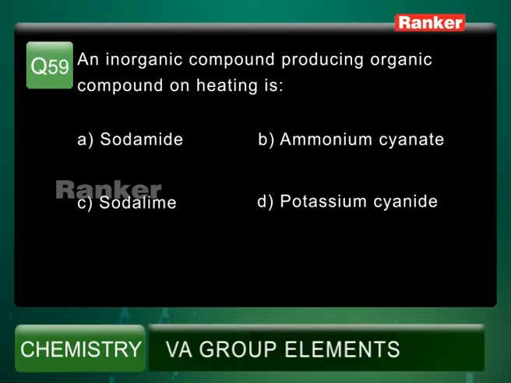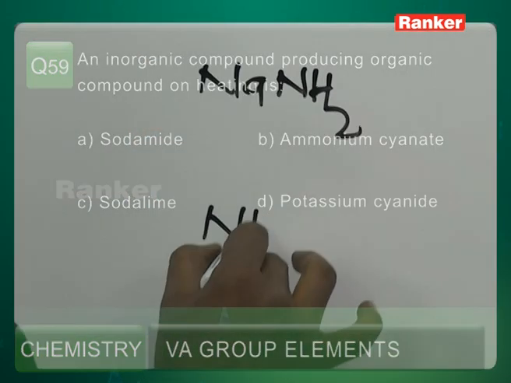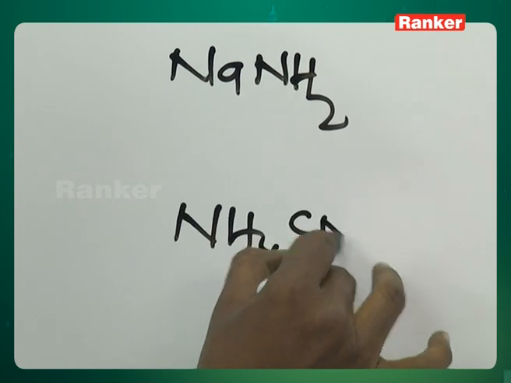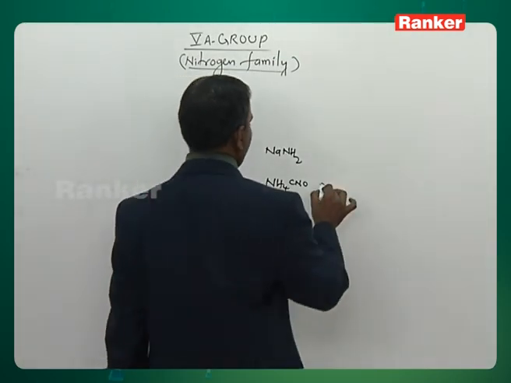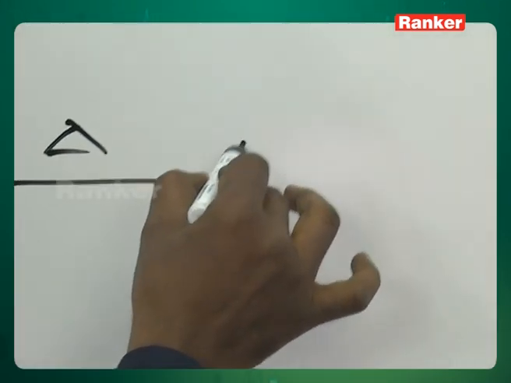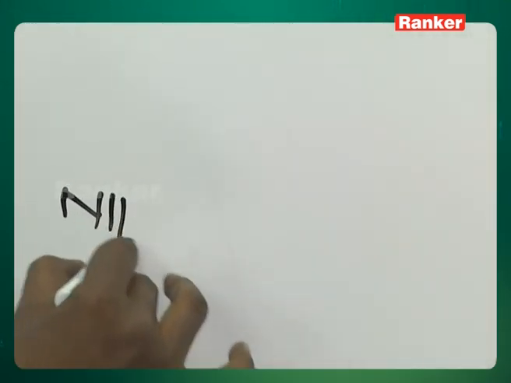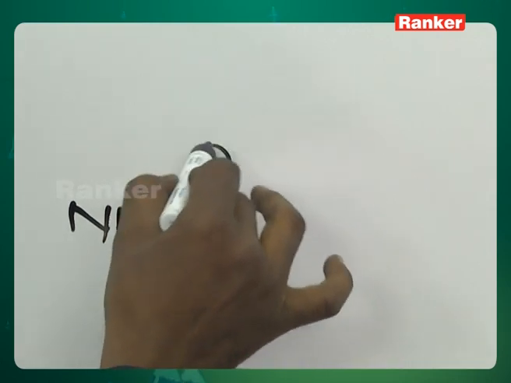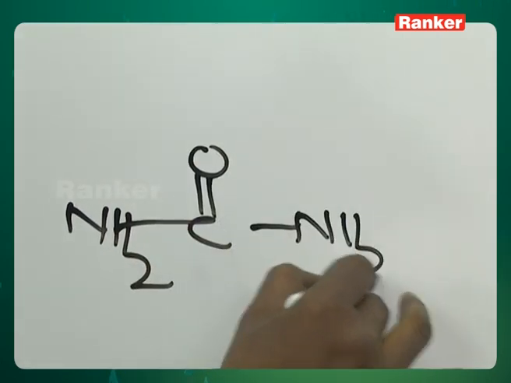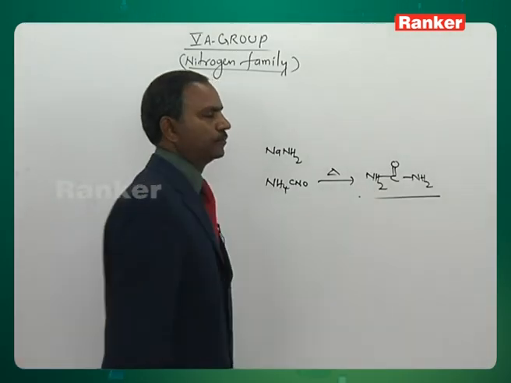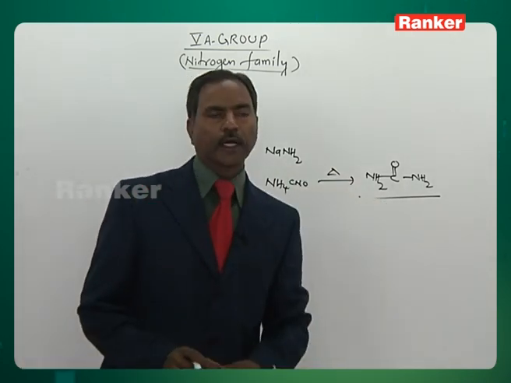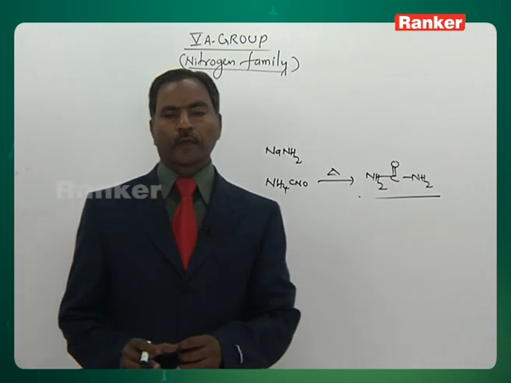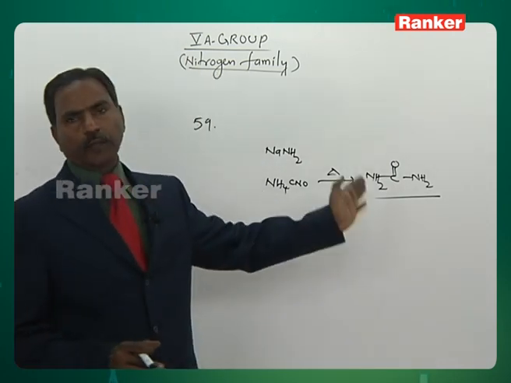Ammonium cyanate. See this ammonium cyanate on heating, you might be remembering, you will be getting urea by isomerization. So, inorganic compound giving organic compound urea.